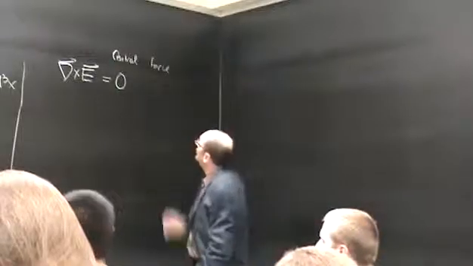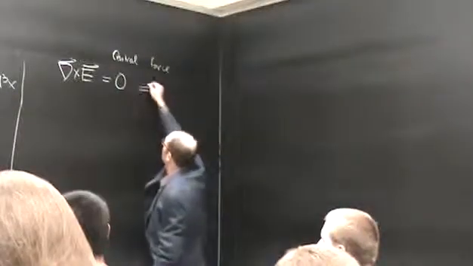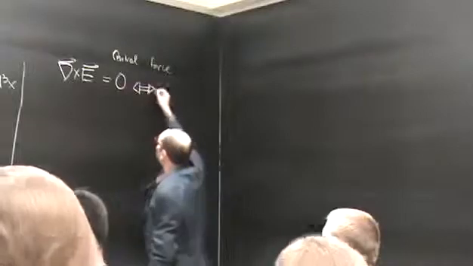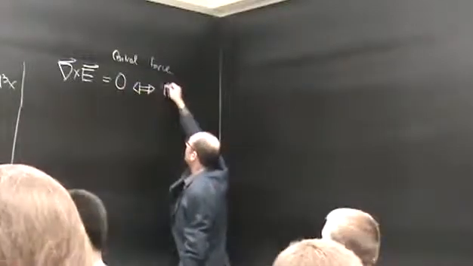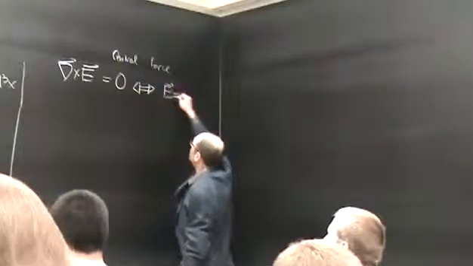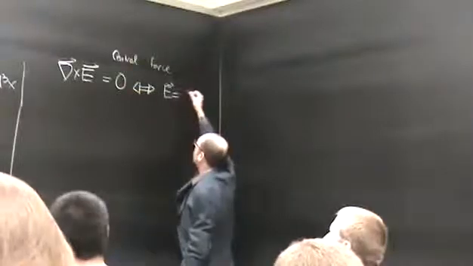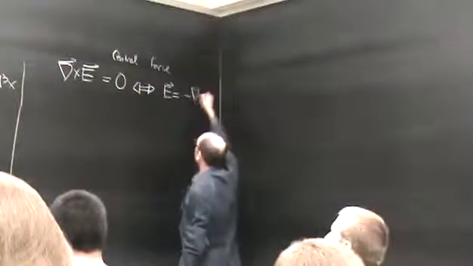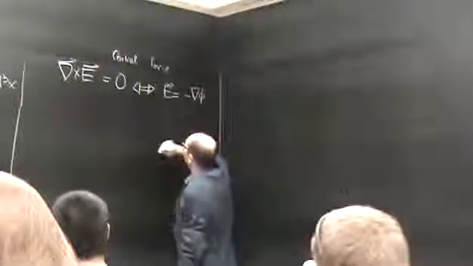And as we see from Helmholtz's theorem, this is one and the same as saying that the electric field must be the gradient of a scalar. And by convention, that scalar is minus phi.